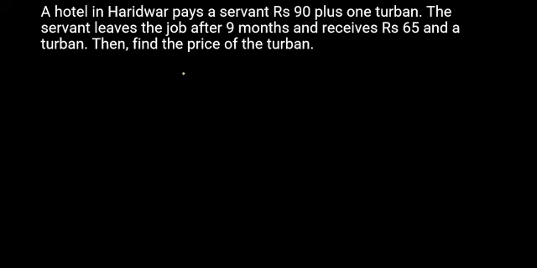If she works for 3/4 of the year, how much should she get? She should get 270 divided by 4, which is 67.5. She should receive 67.5 as a salary.